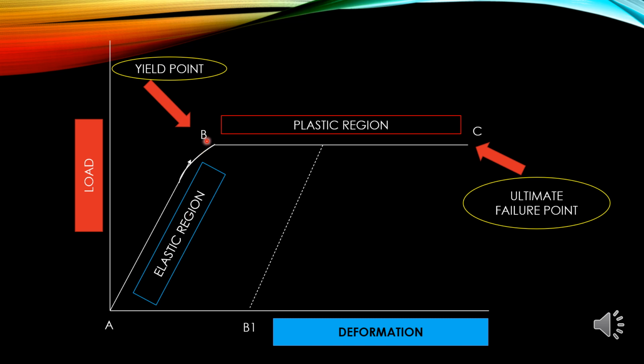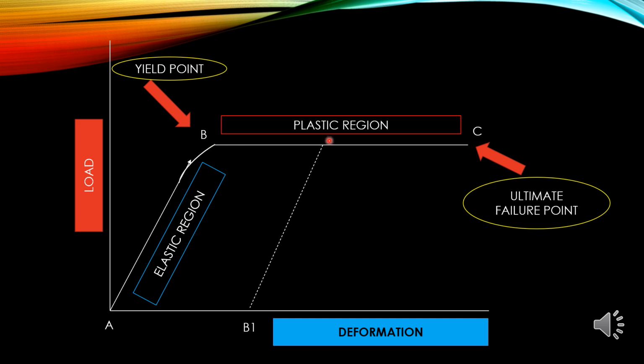But if we continue to put the load on that structure, then what will happen? There will be some point when that structure has some deformation in it after removal of the load. That is known as the yield point. But if we again start putting load on that structure, again giving stress to that structure, then there will be some permanent deformation which will happen.